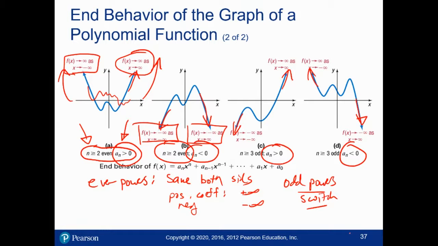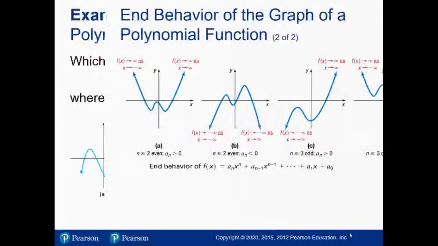So even powers, if that's the biggest power, your end behavior will do the same thing on both sides. And you can determine whether it's going to plus or minus infinity based on whether the leading coefficient is positive or negative. For odd powers, it does opposite things on both sides. If your leading coefficient is positive, you are negative on the left and positive on the right. And if your leading coefficient is negative, you're positive on the left and negative on the right.